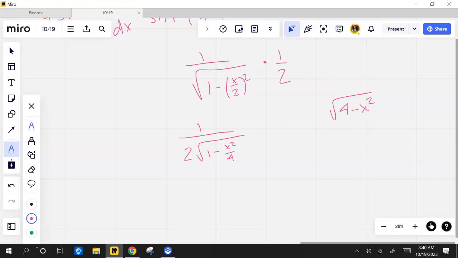You could. I factored out a 1/4 whenever I did it, but it's kind of the same. I'll do it both ways. Let me show you both ways. I'll do it the way they're saying. So they said they had a common denominator. So 4 over 4 minus x squared over 4, which is 4 minus x squared over 4.